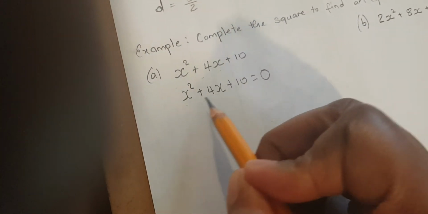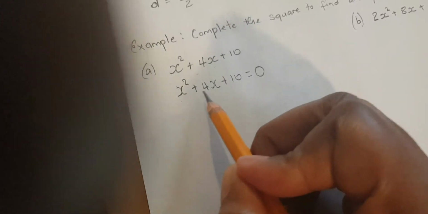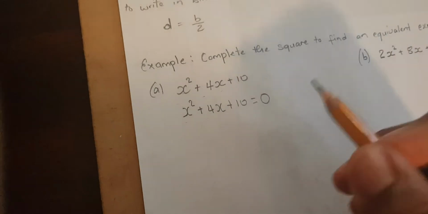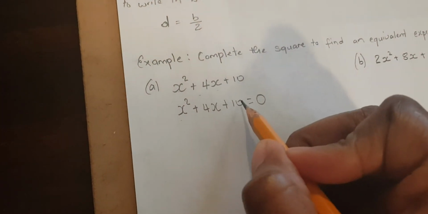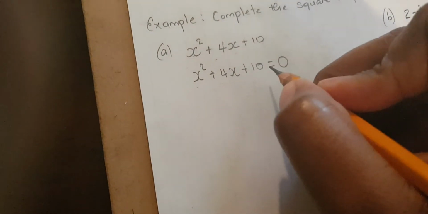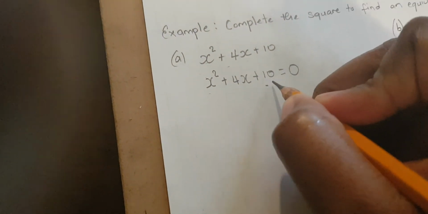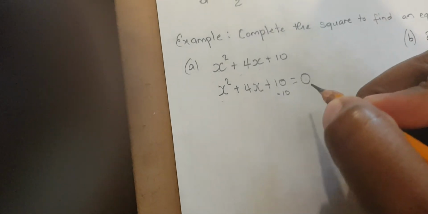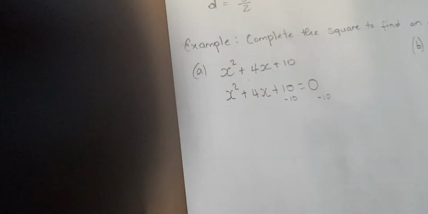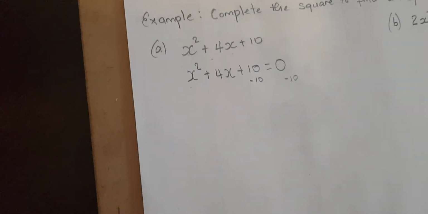We just want to focus on the part that has the x, like we have been doing before, so we're going to take that constant 10 to the other side. I would need to subtract 10 from both sides. If I subtract 10 from this side, I also have to subtract 10 from this side. You agree? It's an equation.